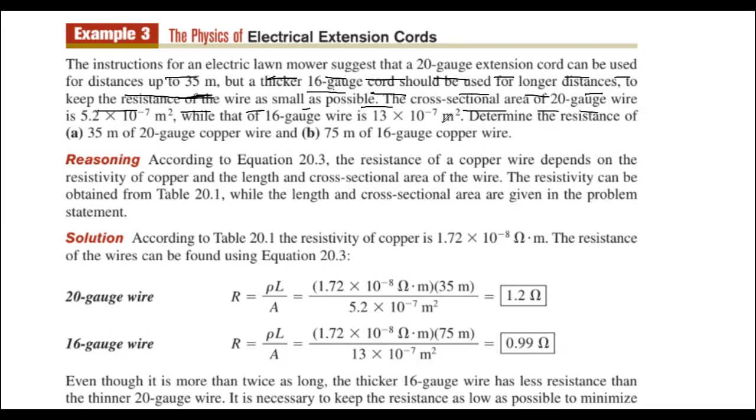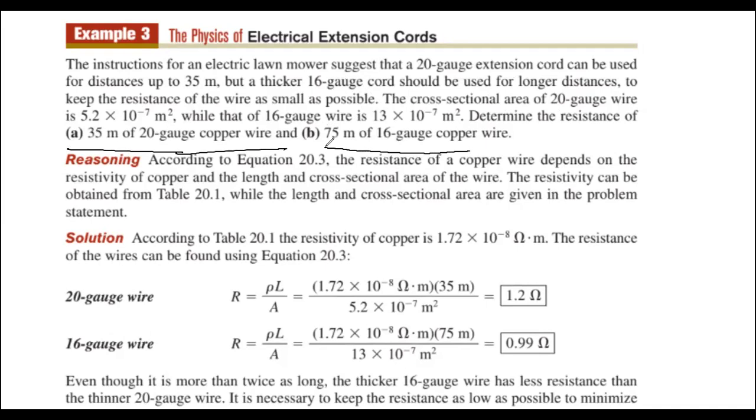The cross-sectional area of the 20 gauge wire is given 5.2 into 10 to the power minus 7 meter square, and for the 16 gauge wire it is 13 into 10 to the power minus 7 meter square. Determine the resistance of 35 meter of 20 gauge copper wire and 75 meter of 16 gauge copper wire.